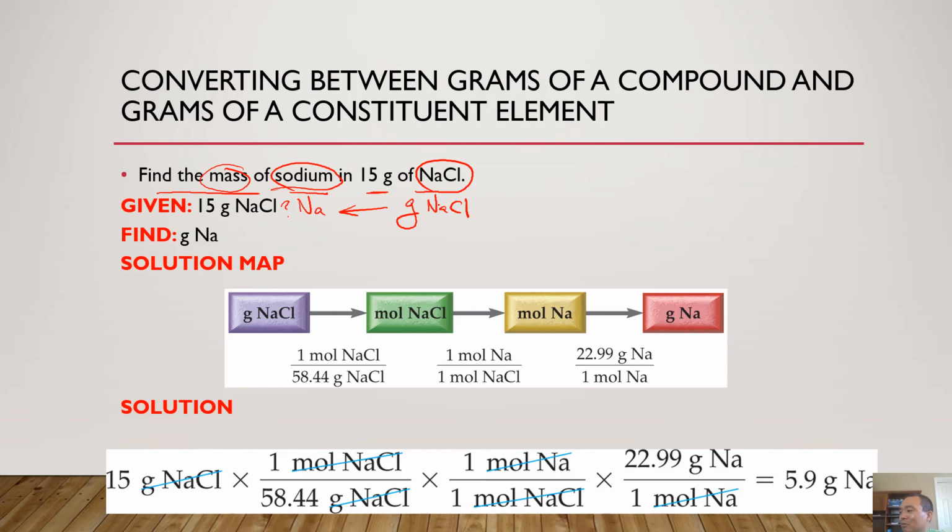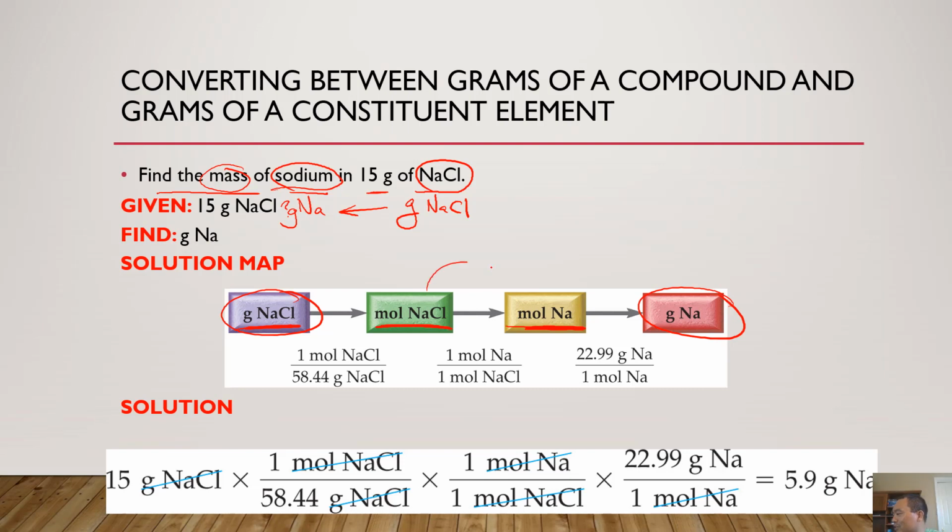Okay. So how do you convert grams to grams? We started with grams of NaCl. How do you convert to grams of sodium? Remember, very often, if you try to find the bridging or connecting unit, mole is very often used. So basically what we're going to do is, first, we convert grams of NaCl to moles of NaCl. Then we convert moles of NaCl to moles of Na.